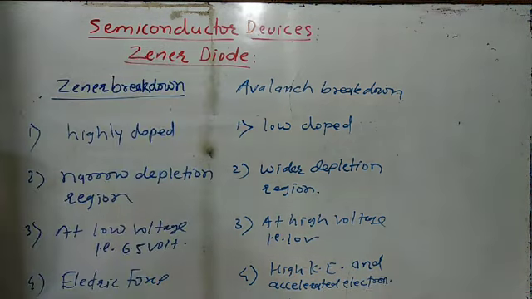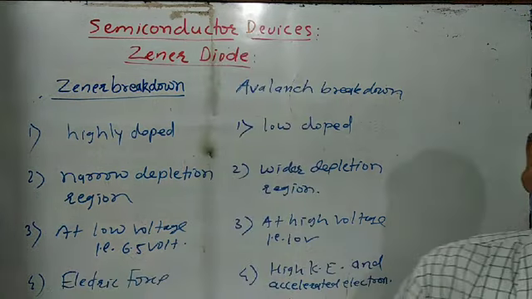So this is the difference between Zener breakdown and avalanche breakdown. Okay, thank you.